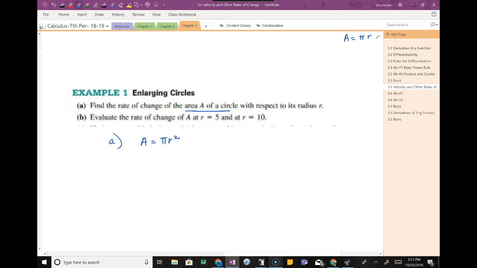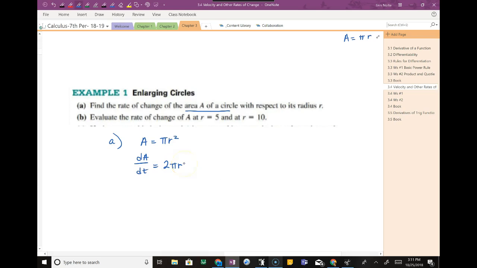Anytime I want to talk about a rate, all I have to do is derive the given formula. So what is the derivative of A with respect to time? dA/dt. What is the derivative of pi r squared? 2 pi r.